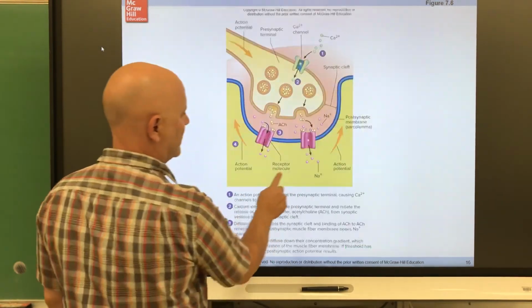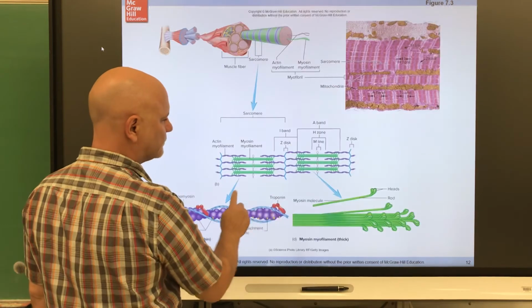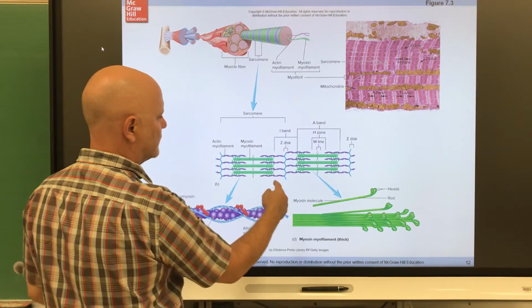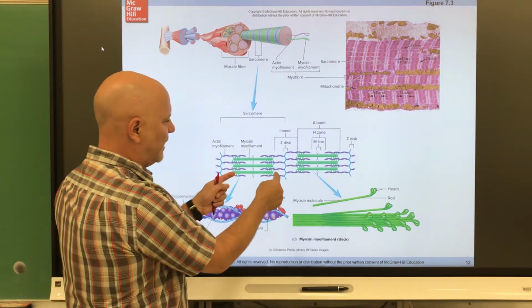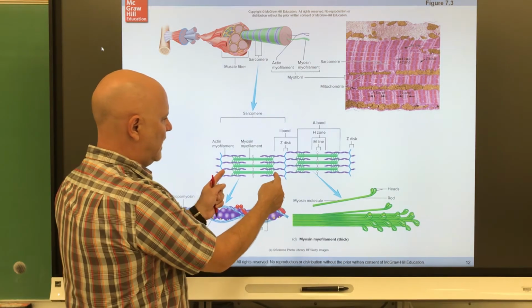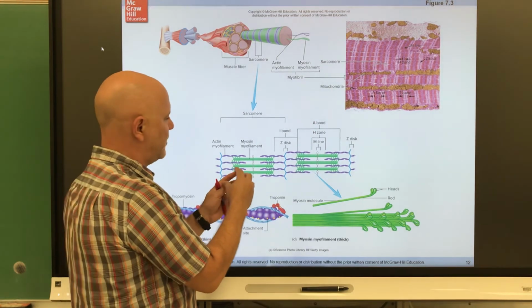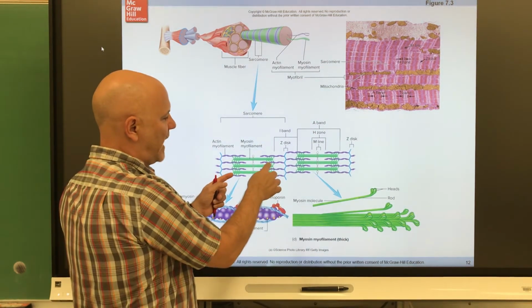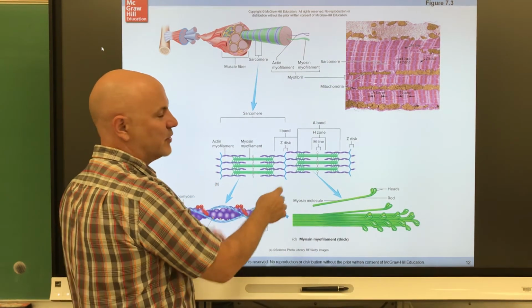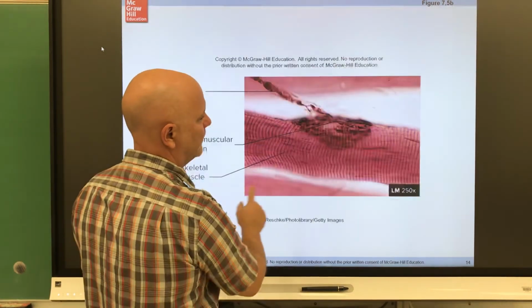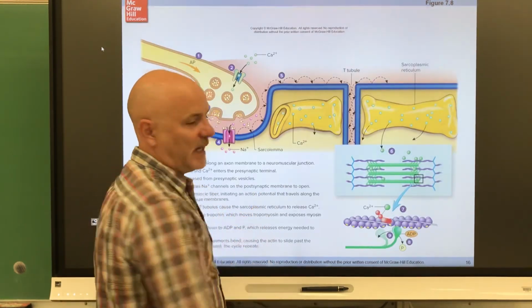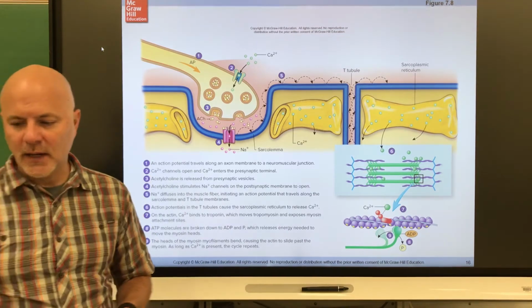One of the things I left out, and this picture doesn't show it, is that there are spring-like proteins. When we get those Z discs closer together, it compresses the spring protein, and when the myosin releases the actin, that spring protein pushes them back to the original positions. So that's relaxation.